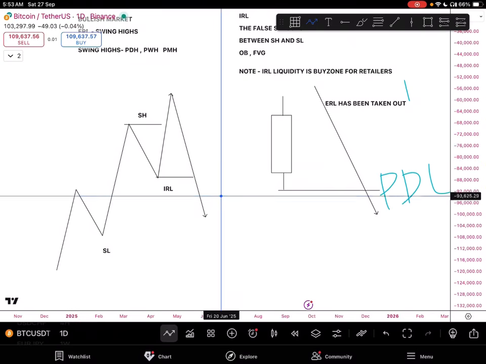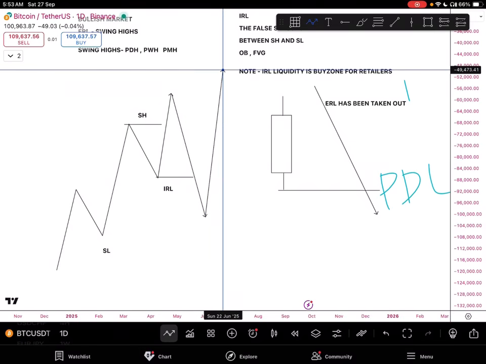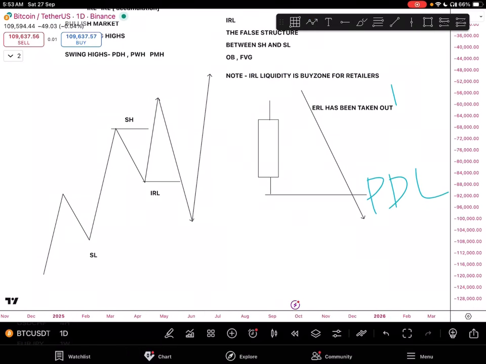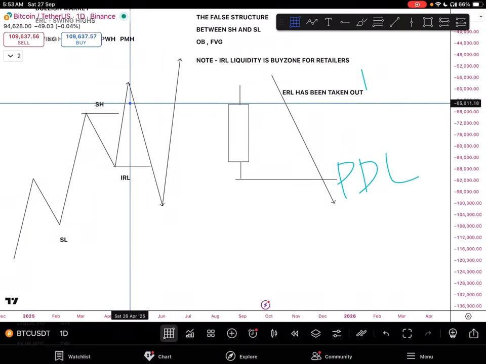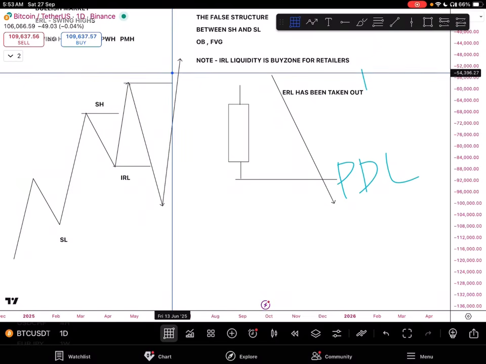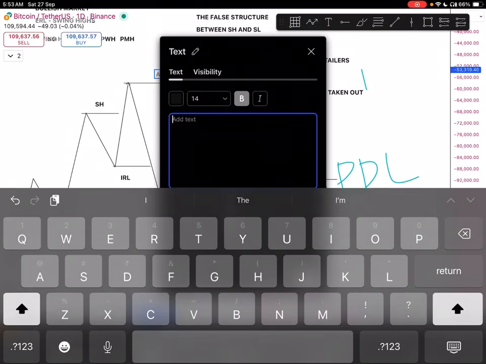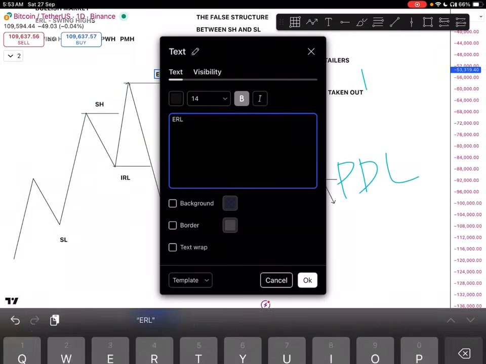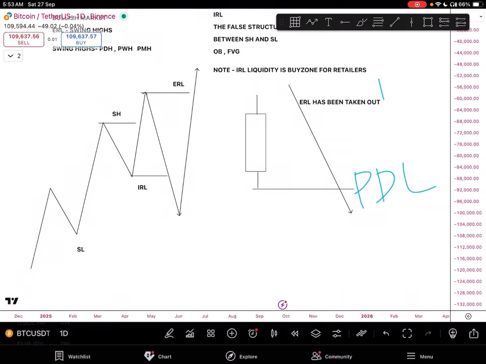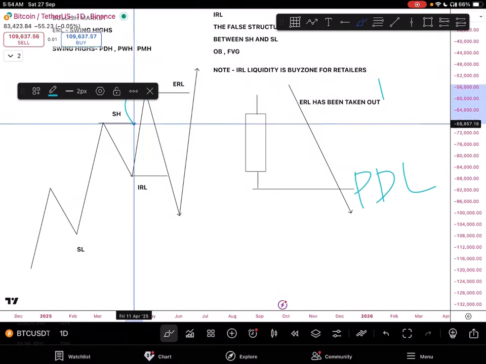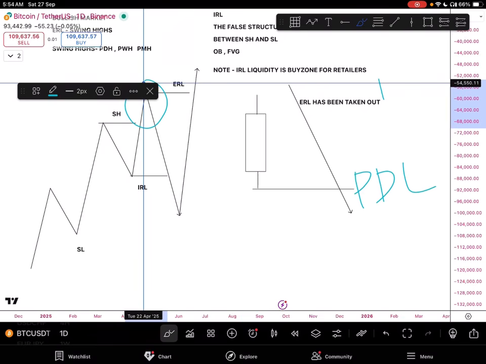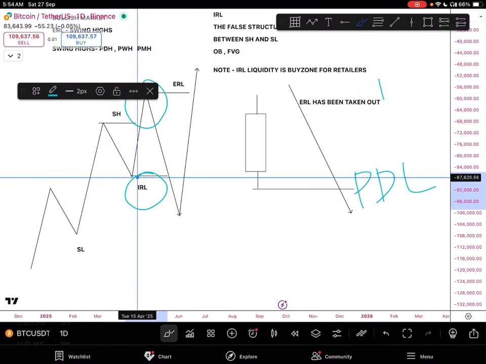After that, price started to pull upside to external range liquidity. You can understand clearly, don't get confused. If you have any doubts, please watch the repeat once again. Once the swing high was taken, the target was internal range liquidity here.